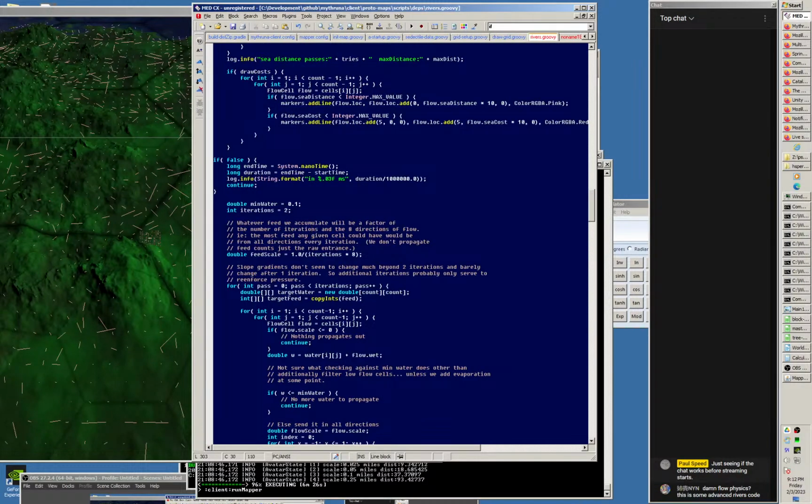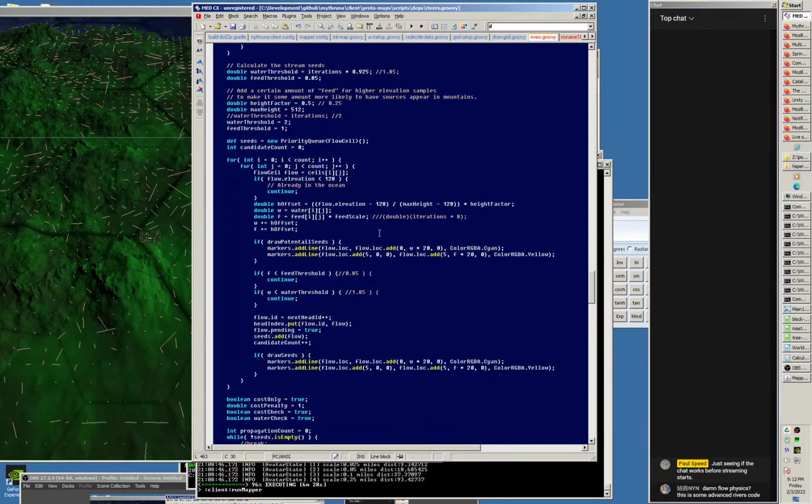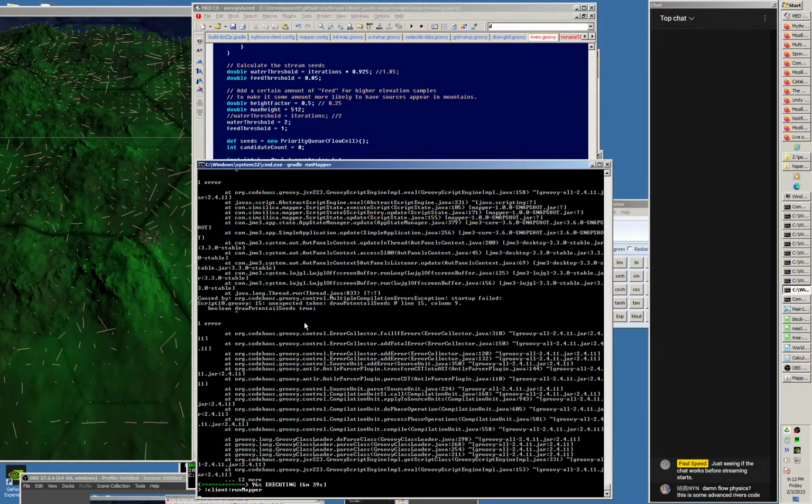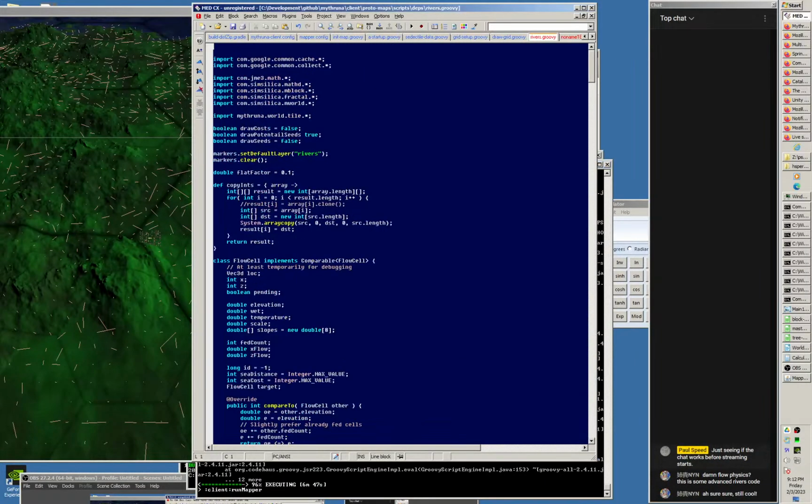Where did I do my? So we ought to be able to return right after this to make sure we don't do actually any river propagation, because it looks ugly right now. Oops, this could be continue. Draw potential seeds. Why boolean draw potential seeds?